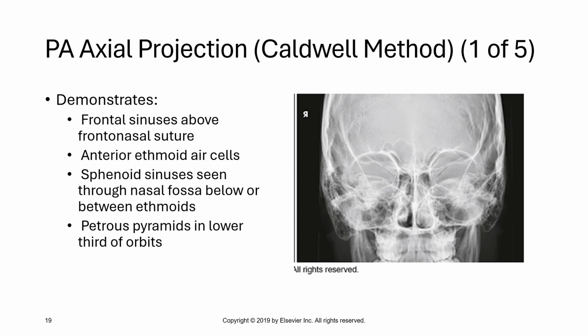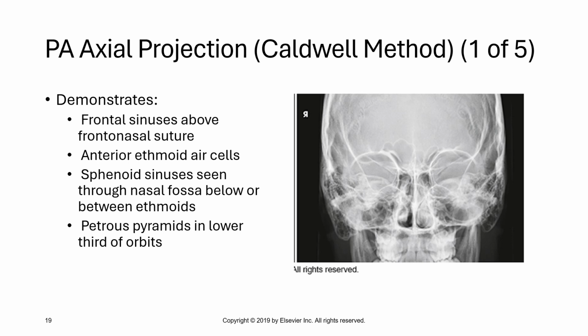Petrous pyramids in the lower third of the orbits, that's a sign that you have the tube angle and/or the tipping of the head at the right degree of magnitude. Tube angles should be 15 degrees caudad.